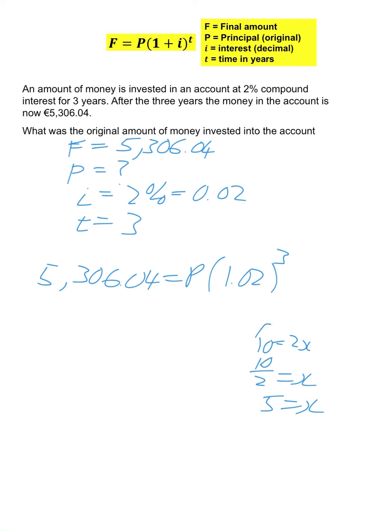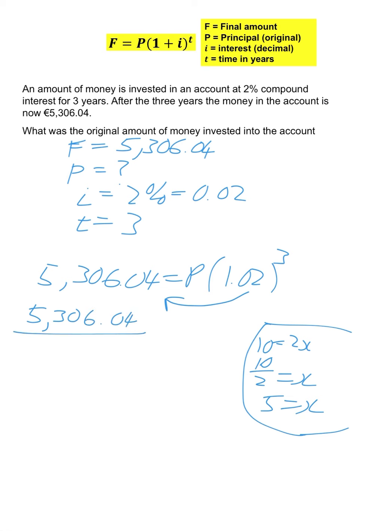So we're going to do the exact same thing for this. So I'm going to bring the 1.02 to the power of 3 across and divide. So 5,306.04, all divided now by 1.02 to the power of 3. This will equal the principal. Putting that into the calculator gets us 5,000 euro. So that was the amount that was originally invested.